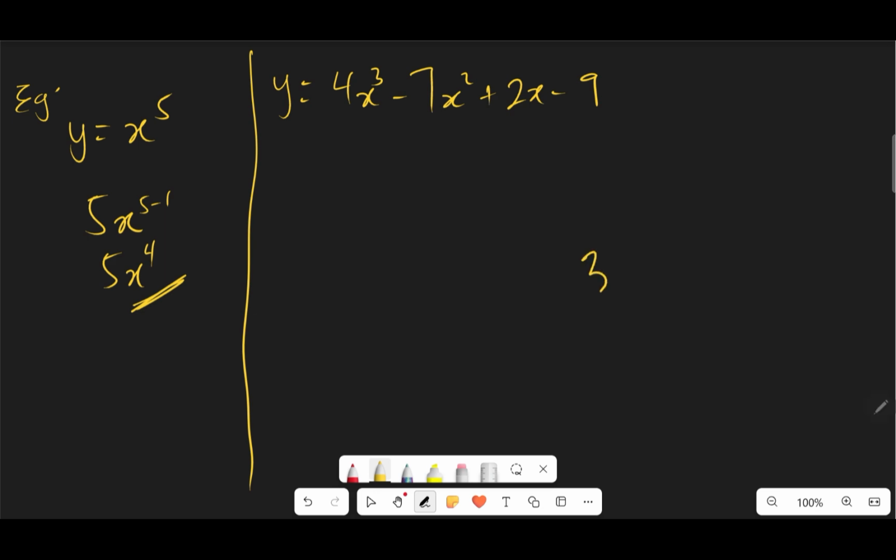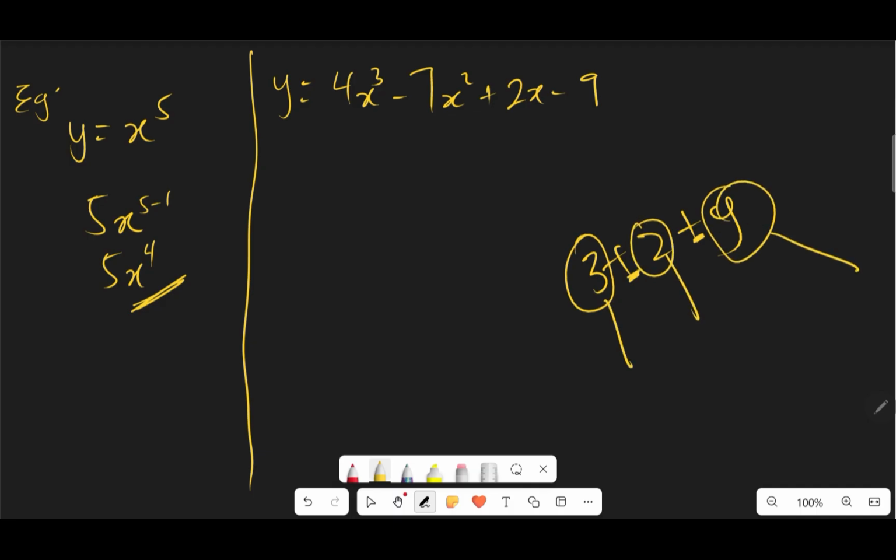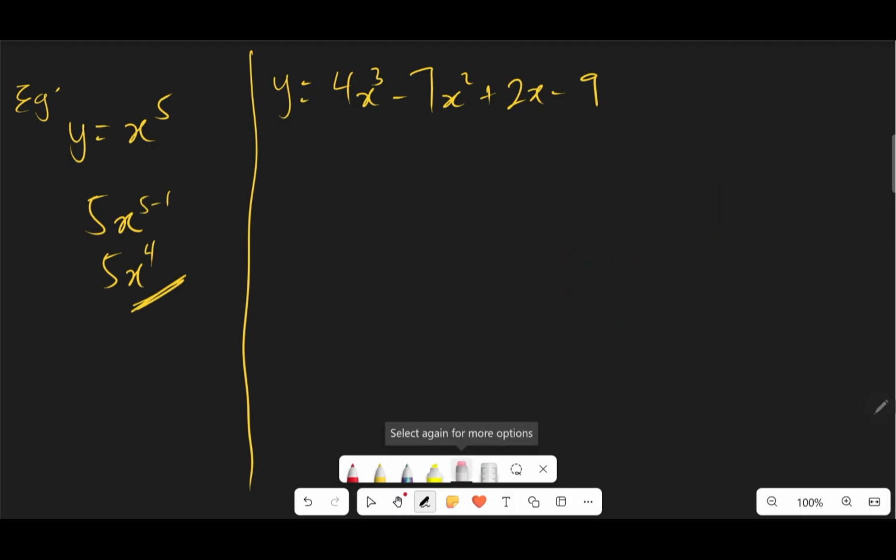If I have 3 plus 2 plus y, that means we have 3 terms. The symbols tell us the number of terms we have. So 4x cubed is a term, 7x squared is a term, 2x is a term, and 9 is also a term.